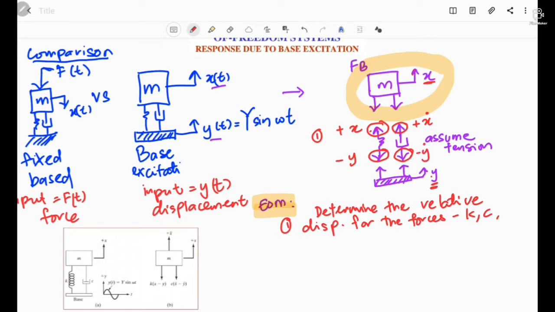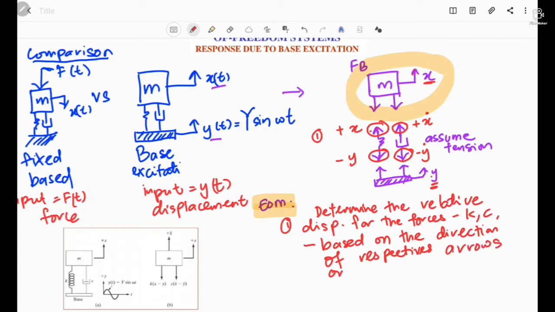So that is the way you write your forces. After you determine the relative displacement, how do you determine it? Based on the direction of the respective arrows on the spring and damper.